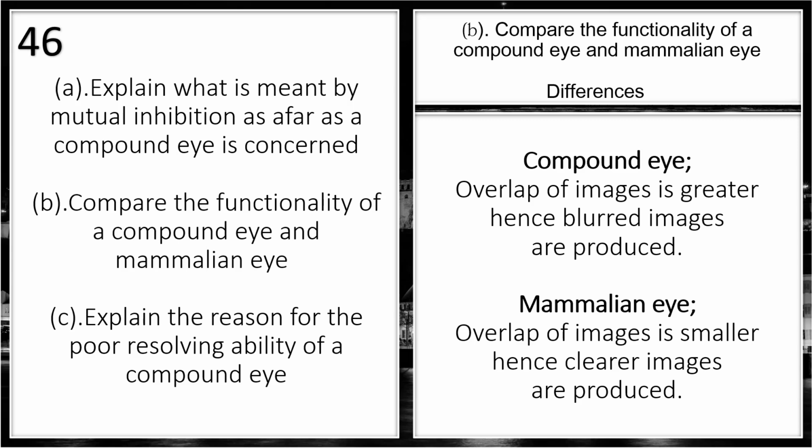In the compound eye, overlap of images is greater, hence blurred images are produced. In the mammalian eye, overlap of image is smaller, hence clear images are produced.